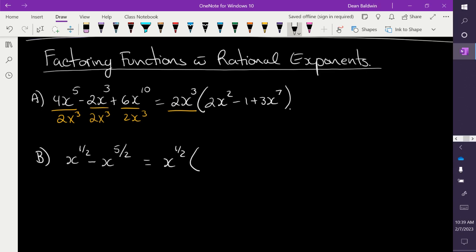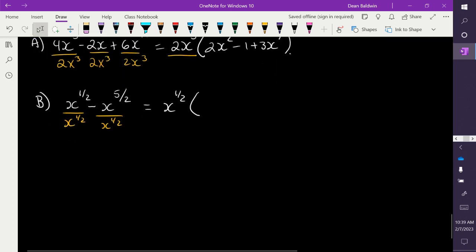And then you divide everything by what you took out. So you obviously don't have to show this, but just for educational purposes, we will. What's x to the 1/2 divided by x to the 1/2? So I'm left with 1 minus x to the 5 halves over x to the 1/2.